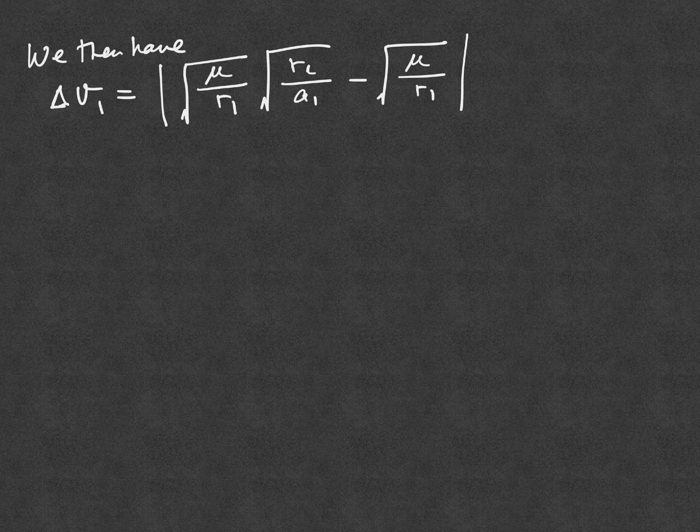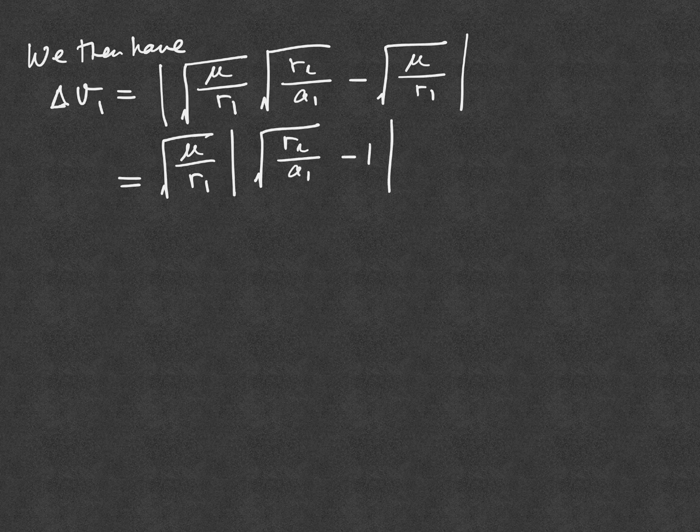Well, now what we can do is factor out the square root of mu over R1 because it's positive, and we're left with the absolute value of the square root of Ri over A1 minus 1. But we just established that the square root of Ri over A1 is bigger than 1, so the quantity in the absolute value is positive.